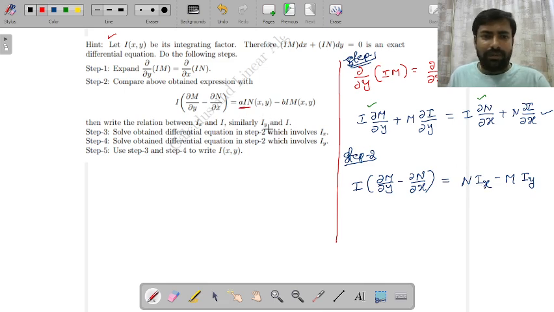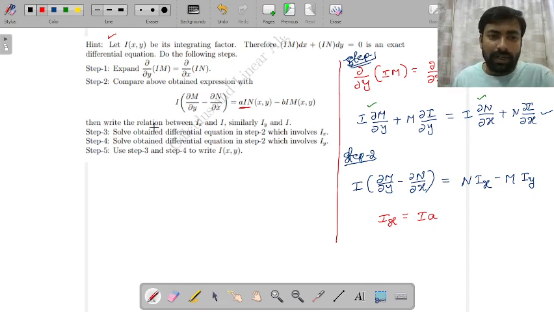So when you compare, you'll get Ix equal to aI. Here they said, write the relation between Ix and I, and similarly Iy and I. So the relation between Ix and I is going to be Ix equal to aI, and similarly what is the relation between Iy and I?